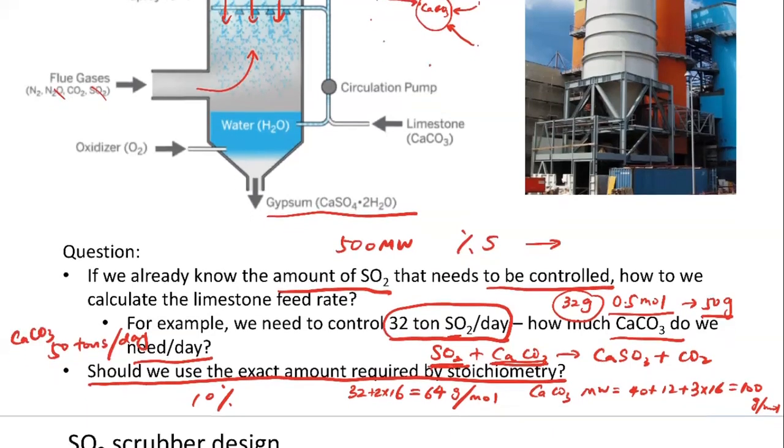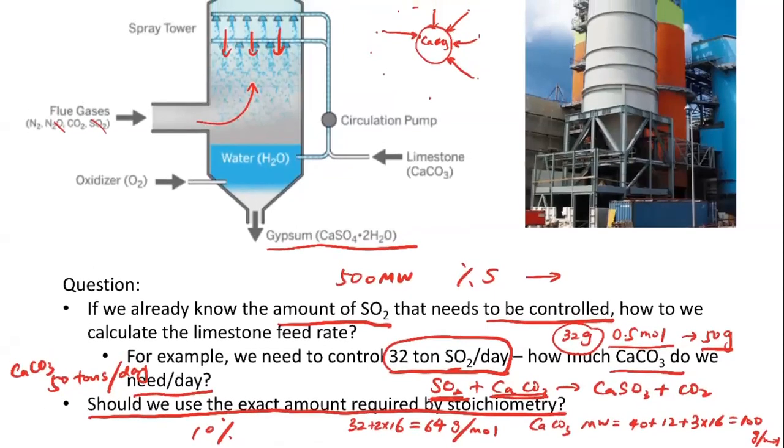Okay, and also one thing we need to make sure is that here we were assuming that the limestone is completely composed of calcium carbonate, but in reality the limestone is composed of many impurities.